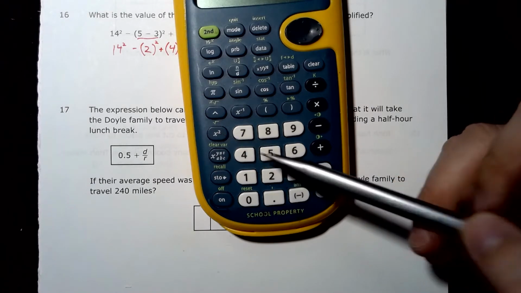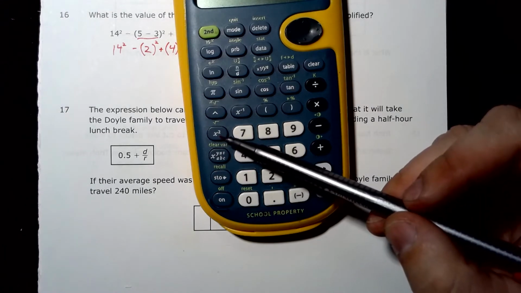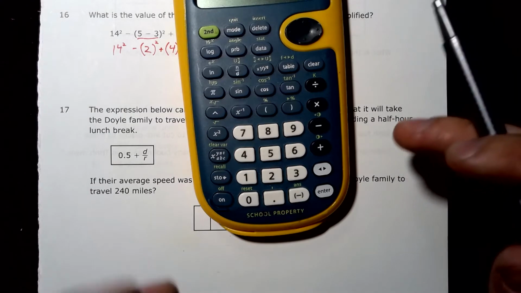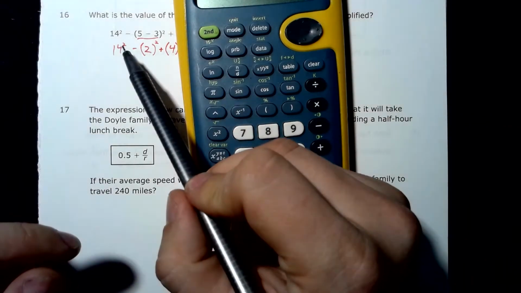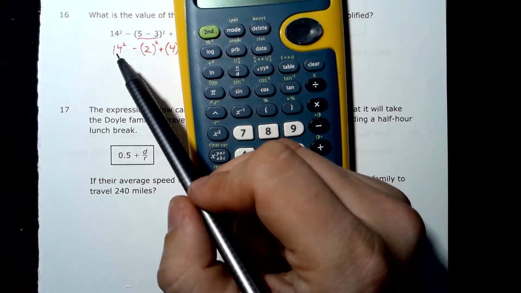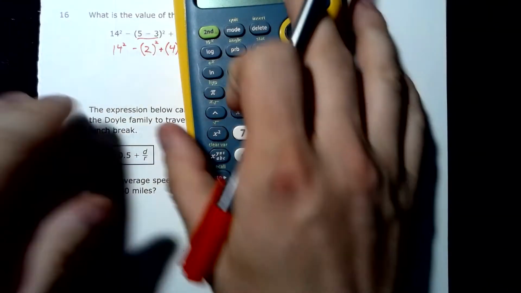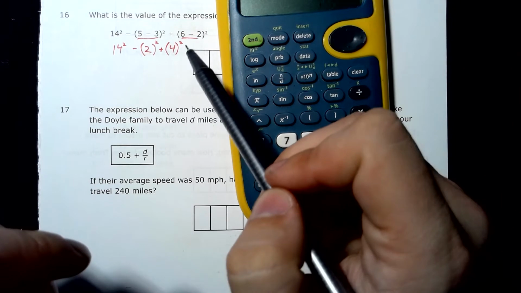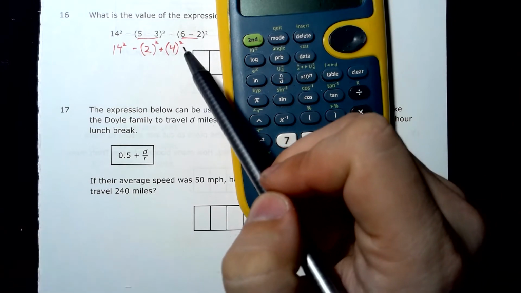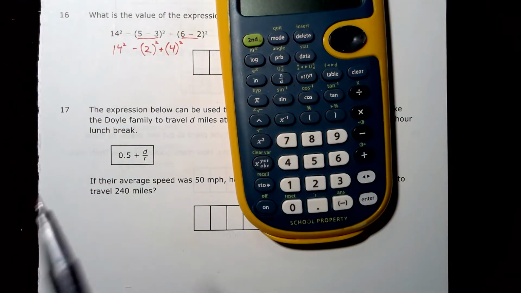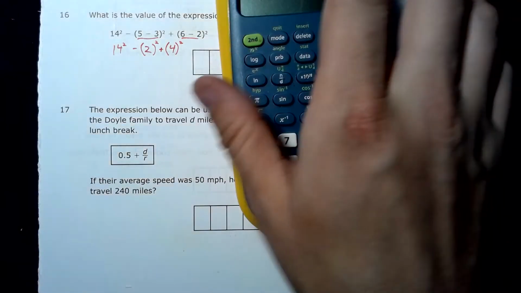That's going to square your number. If you don't have a calculator that has that, then all you really have to do, 14 squared is the same as 14 times 14. 2 squared is the same as 2 times 2, and 4 squared is the same as 4 times 4. That little 2 is telling you how many times the number is multiplied by itself.